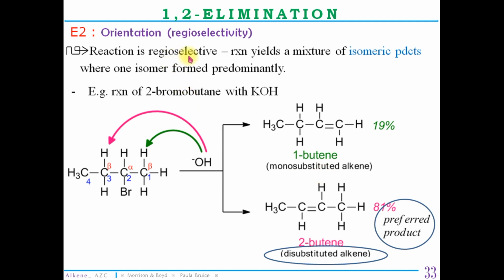A regioselective reaction is a reaction that yields a mixture of isomeric products where one isomer is formed predominantly, and here in the E2 reaction we are getting 2 types of isomer but one isomer is formed predominantly.